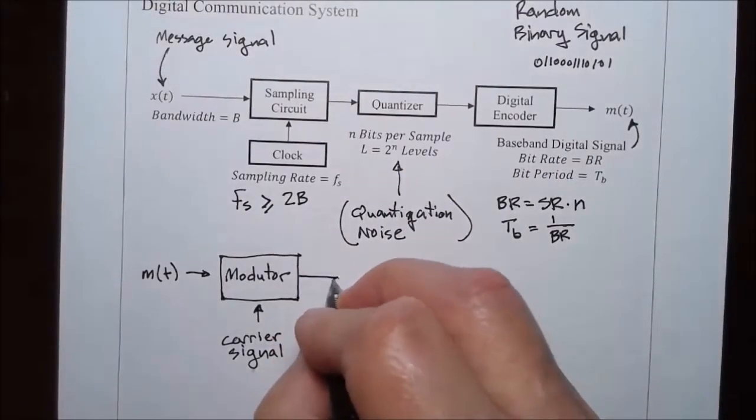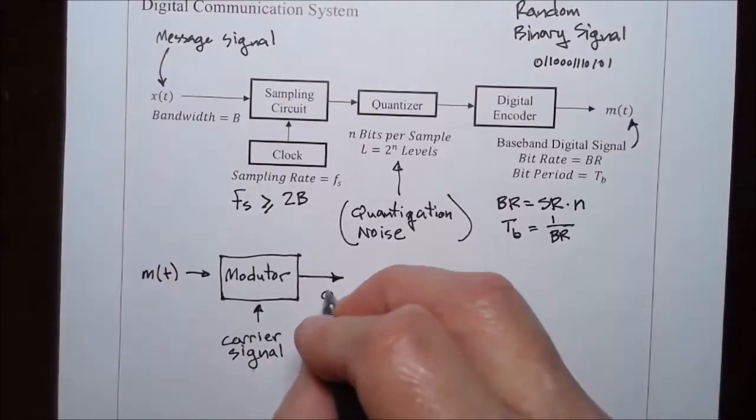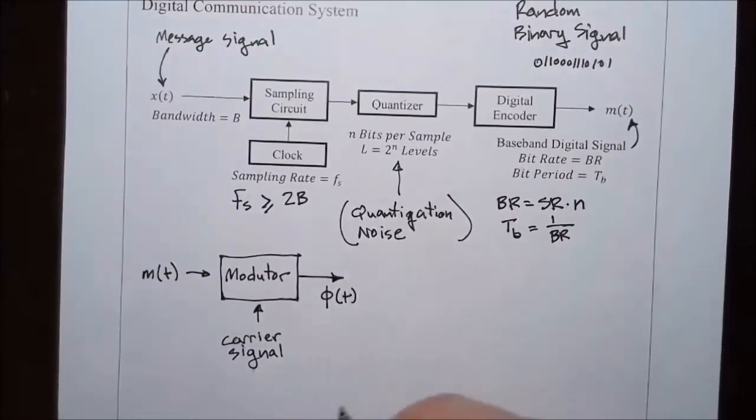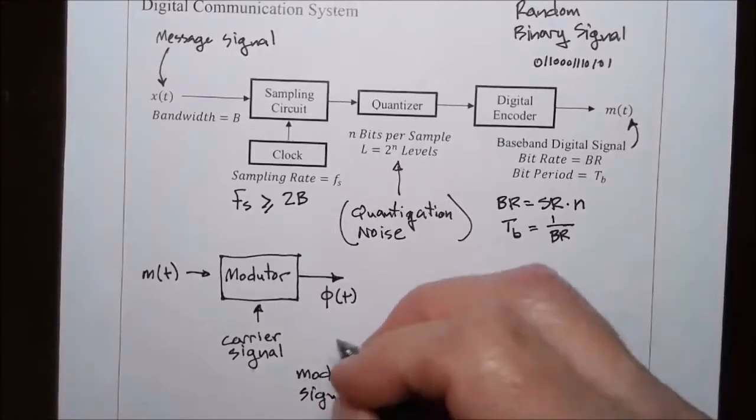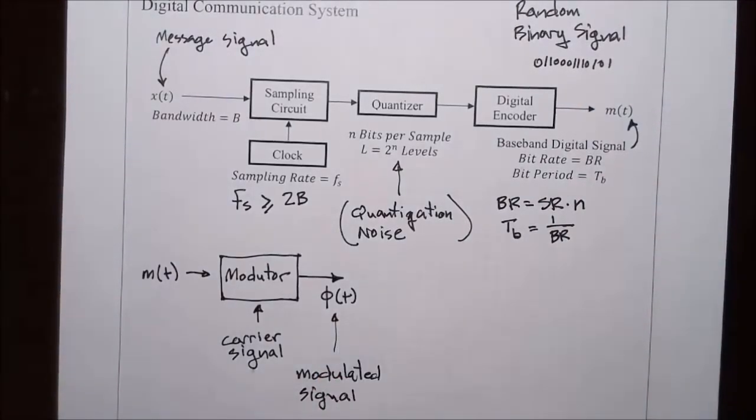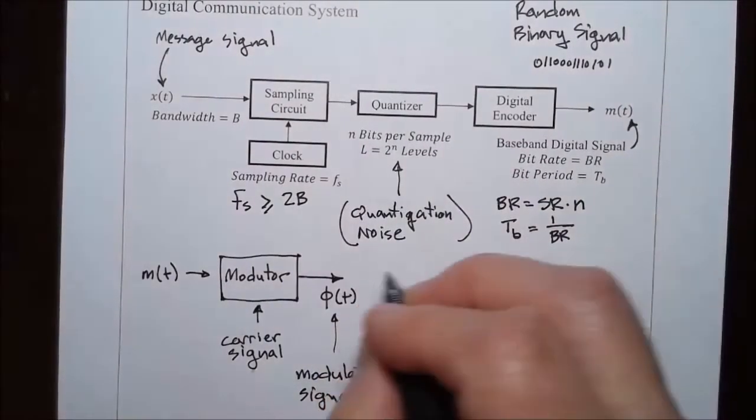And what the result is, we'll call this again phi of t. This is a modulated signal that will then be transmitted.